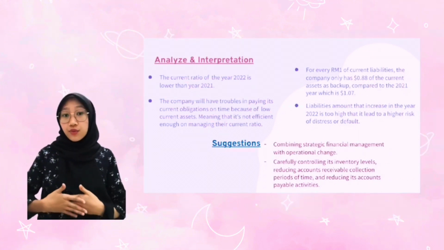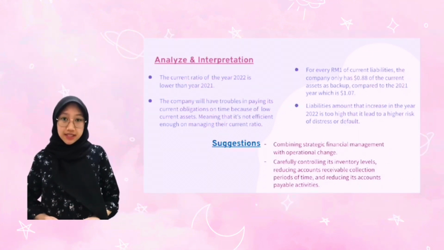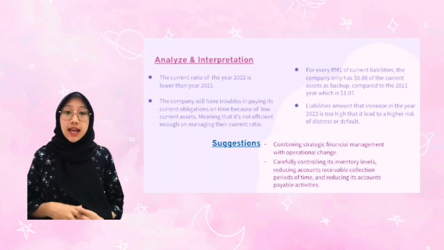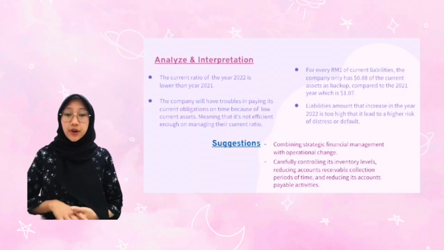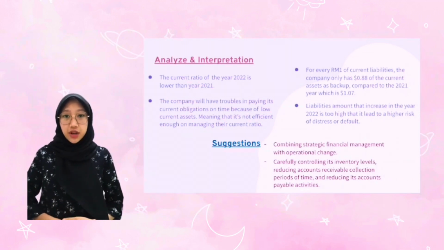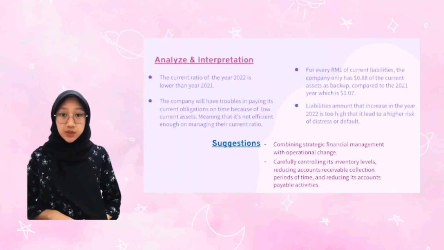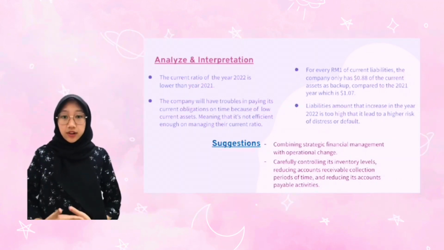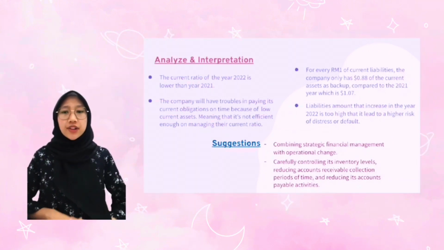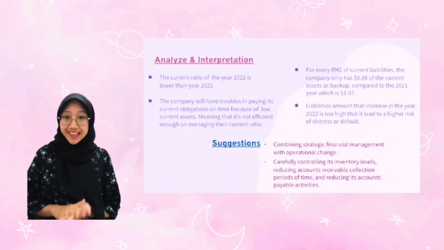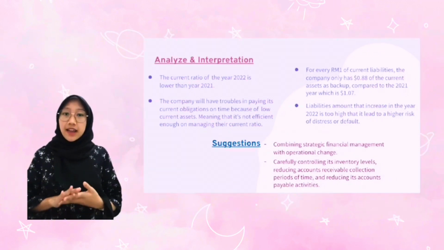Furthermore, for every $1 of its current liabilities, the company only has 88 cents of current assets as backup in 2022, compared to 2021, which is $1.07.